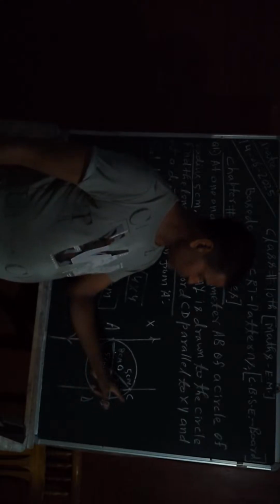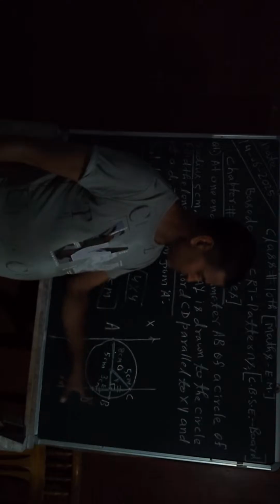One portion is CB and the other portion is BD, and both will be equal. Okay. So according to the information, I will write here BC is equal to BD, and that will be equal to 4 centimeter. I have obtained this in the question.